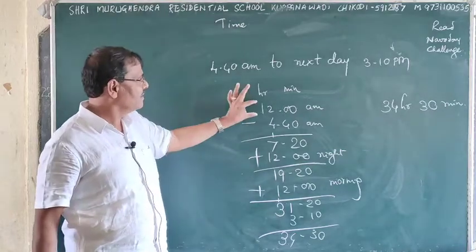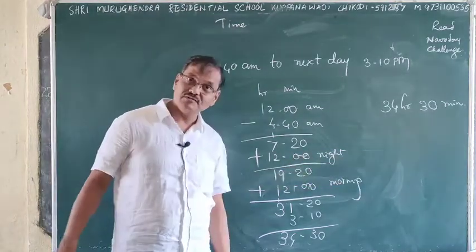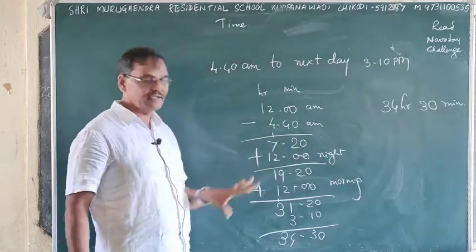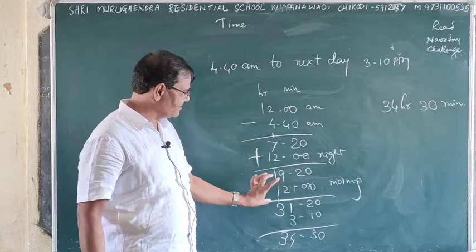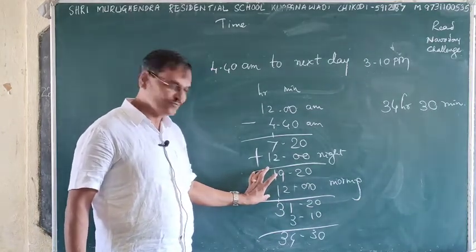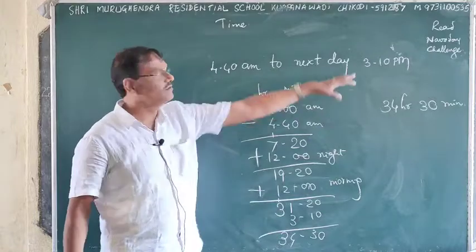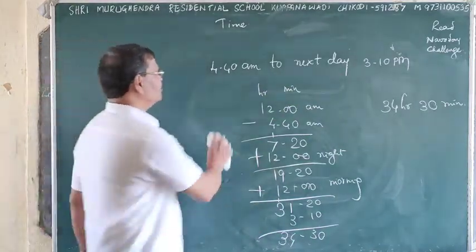Then this is morning 12 and again night 12 comes, that you are adding, and the day changes, next day comes. Up to morning you are taking 12 hours and noon you are taking this. Okay, like this you can do.